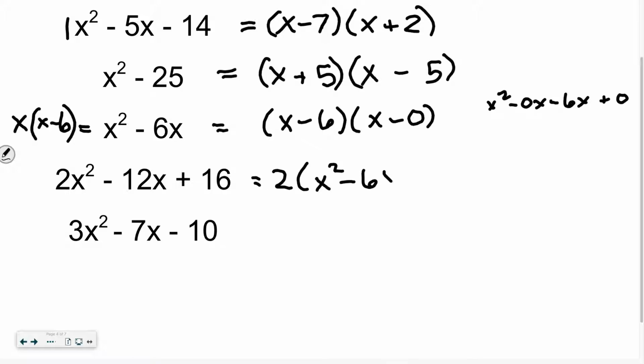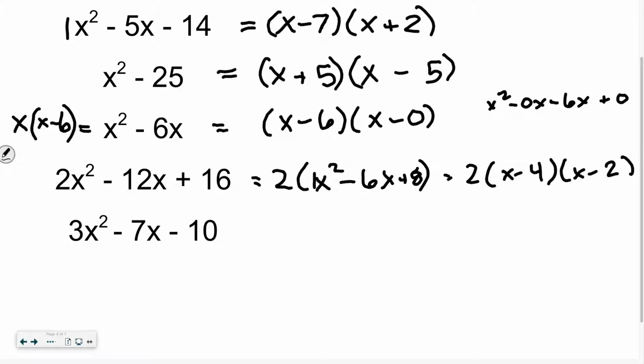All your numbers get smaller. It's much easier now, especially because I have this leading coefficient of 1, to ask myself what are factors of 8 that add to make negative 6? Negative 4 and negative 2. So then I can factor it again. It's x minus 4, x minus 2.